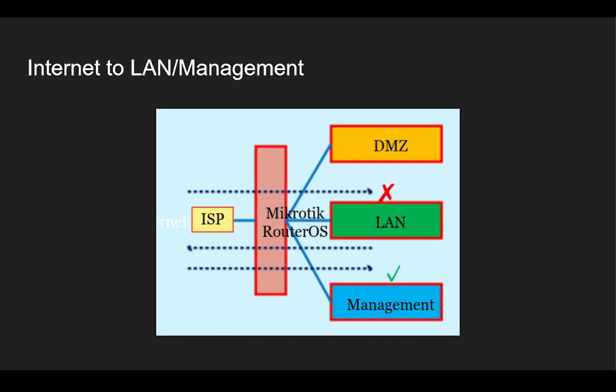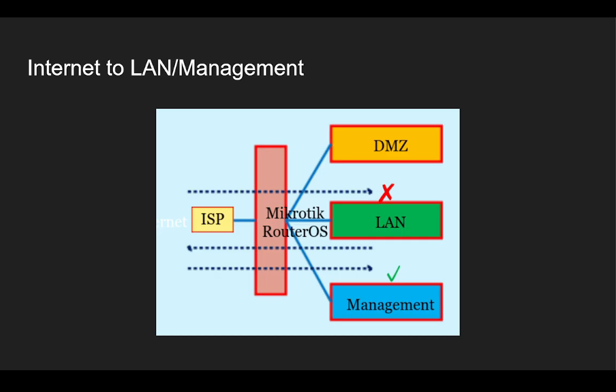With the LAN, obviously, we have to protect it. This is the principal reason for the firewall. The firewall has to protect the LAN, so the traffic between the public internet and the LAN has to be directly blocked.